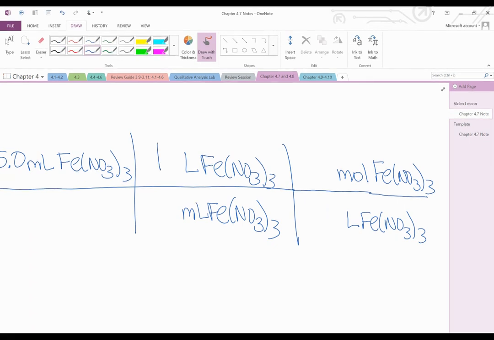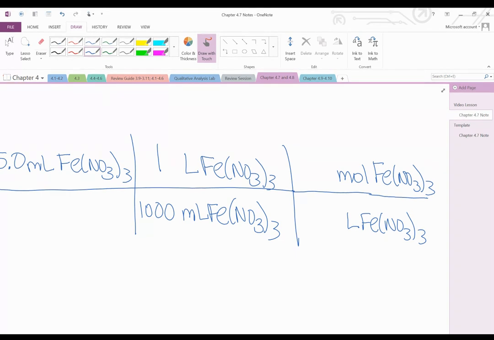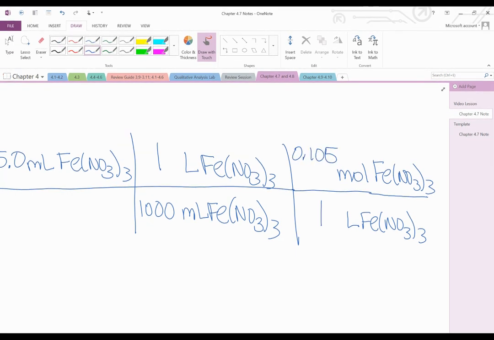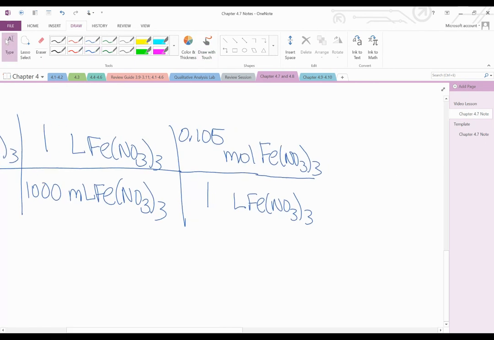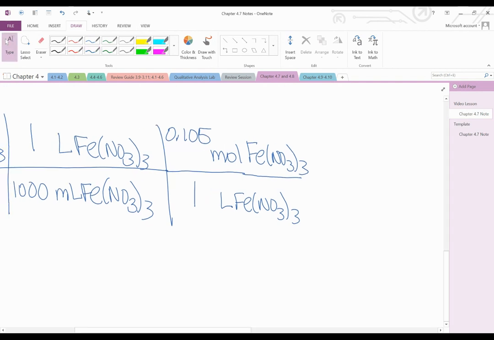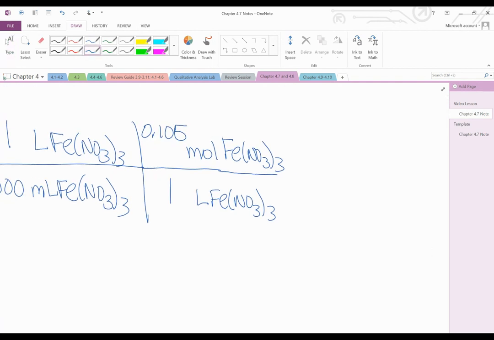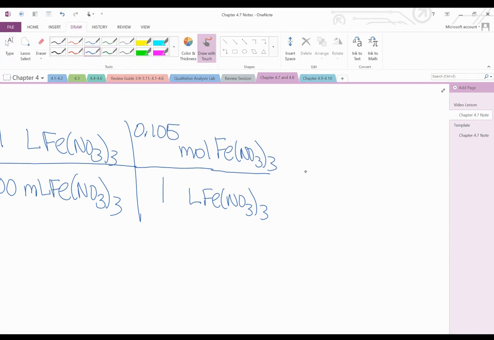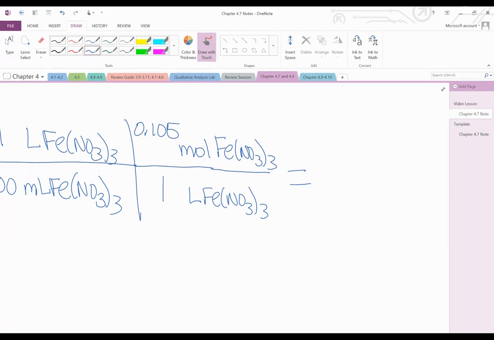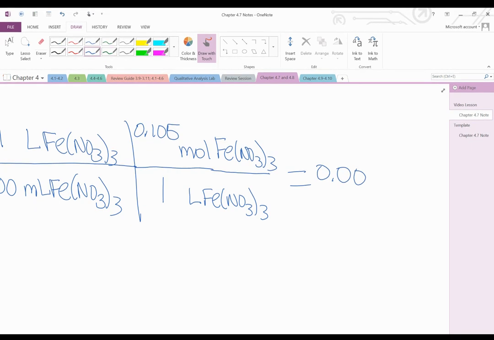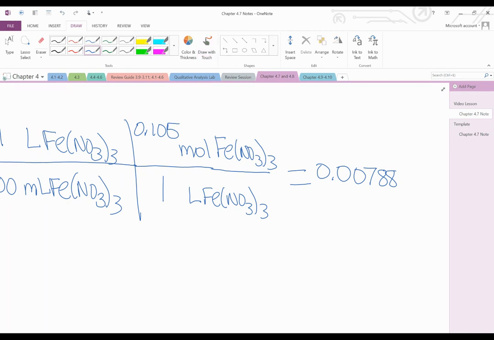And so 1 liter is 1,000 milliliters. We know that the molarity of the iron 3 nitrate was 0.105 moles per 1 liter. So when you do that calculation, you will get 0.00788 moles of iron 3 nitrate.